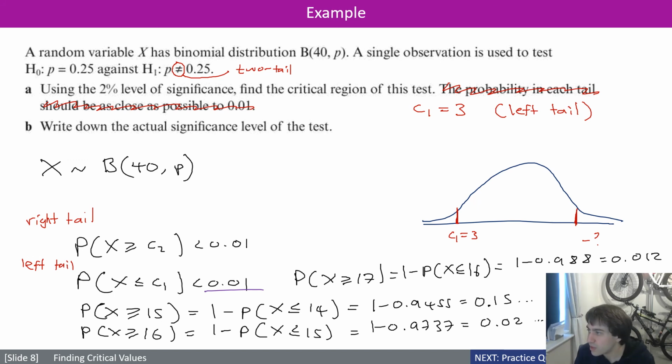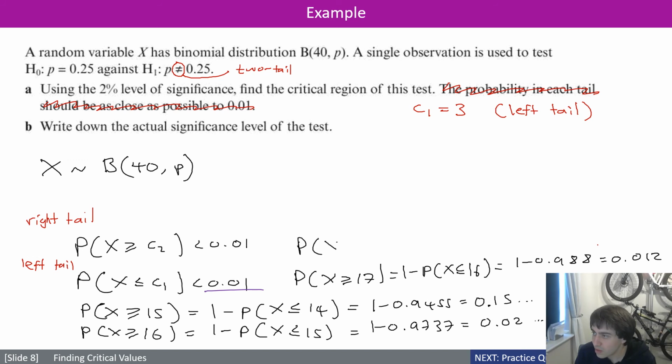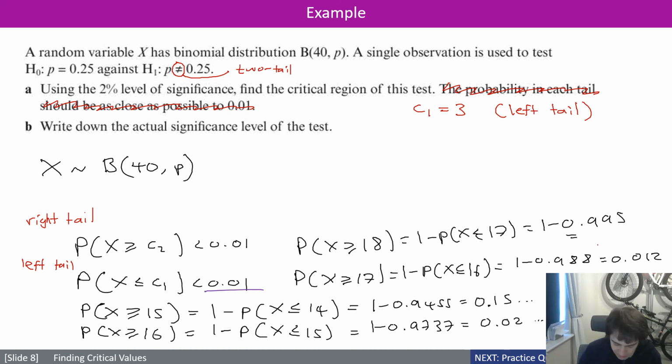Let me just remove this and we'll do hopefully the last one. Greater than or equal to 18. Is this going to do it for us? Let's see. So less than or equal to 17, 0.995, which is indeed less than 0.01.